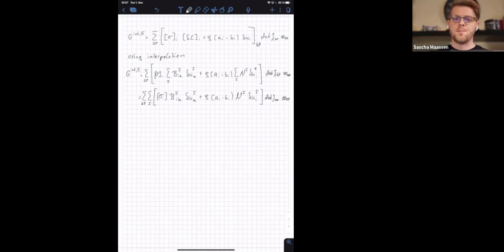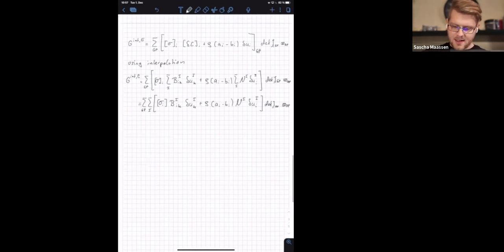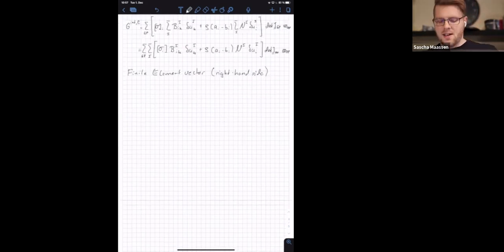We will take care of these additional quantities here, which are actually functions of our degrees of freedom when it comes to deriving the stiffness matrix or element matrix. Okay, so at first, the finite element vector.